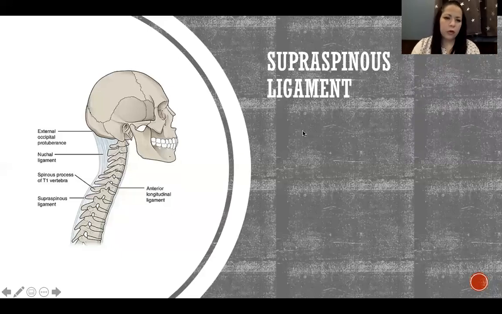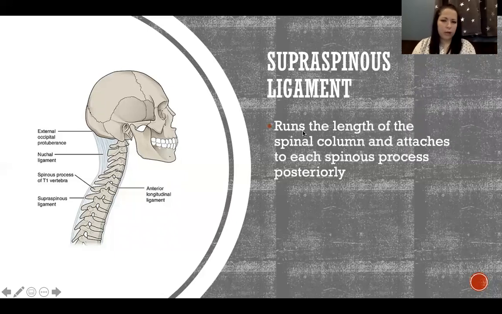Then we have the supraspinous ligament, which runs the entire length of the spine, attaching to each spinous process posteriorly. In this picture, if you look at the thoracic part of the spine, you can see the supraspinous ligament going between all of the spinous processes as we go up the length of the spine.